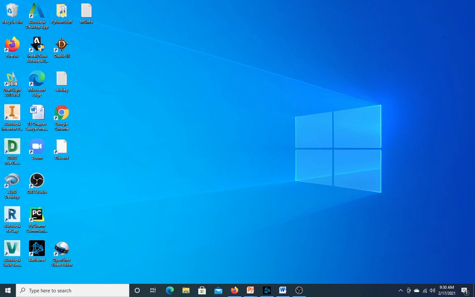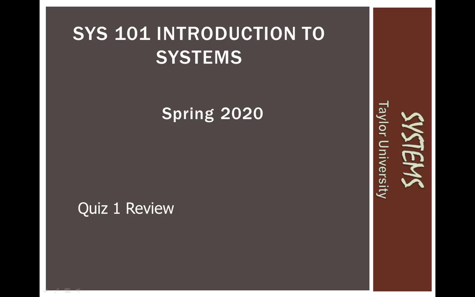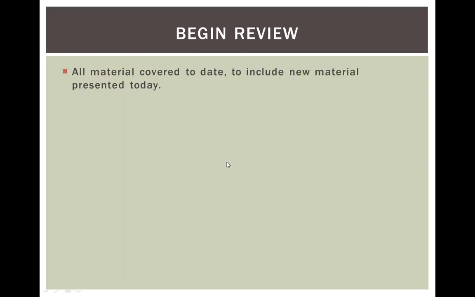Let me pull up this one. All right, and this is for spring 2021, I think it is. Okay. So all of the material that we've covered to date is testable on this.